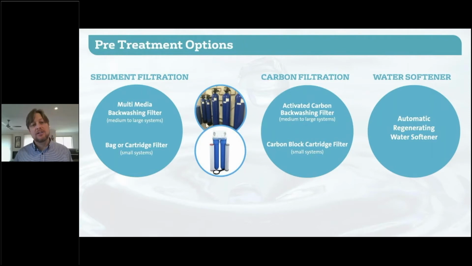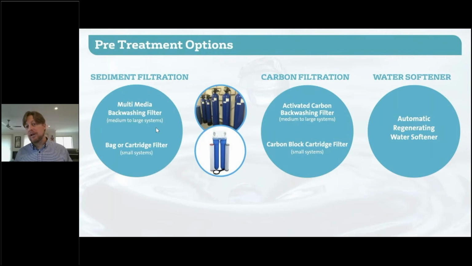And on a larger system, you're using a backwashing media filter. Now, there are a number of medias you can use. Multimedia is what it's commonly called, but today we have a lot of modern versions of multimedias that are more efficient, last longer, and work better. But they all do the same thing.